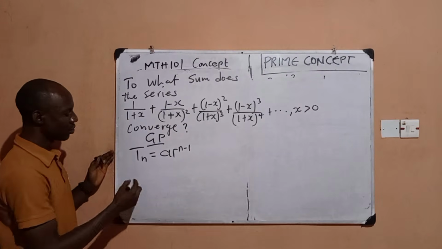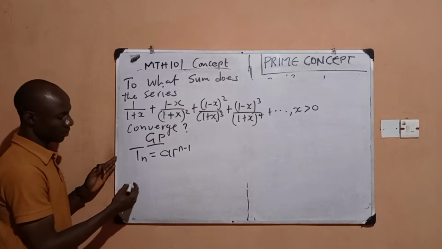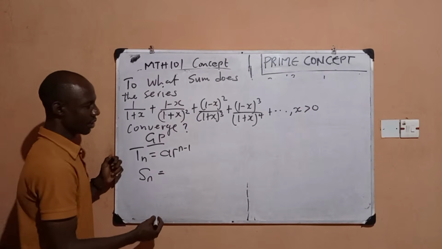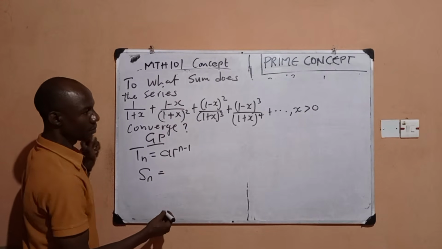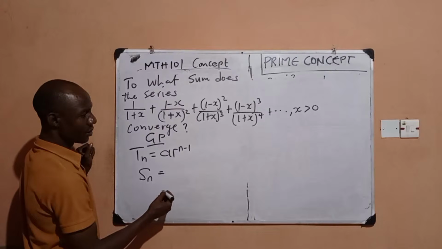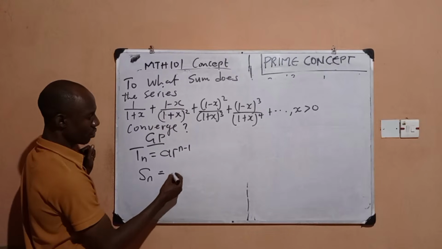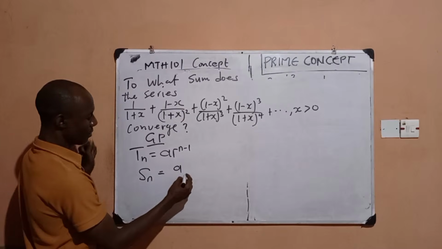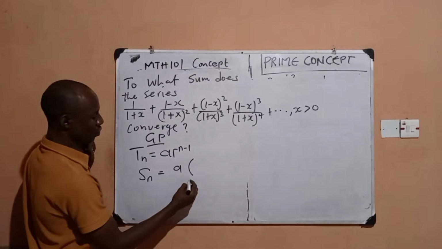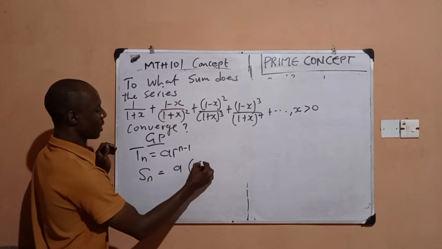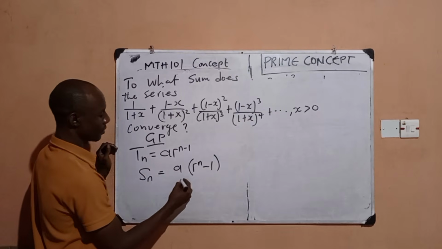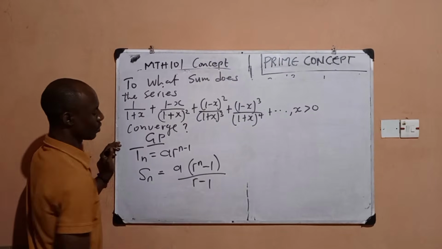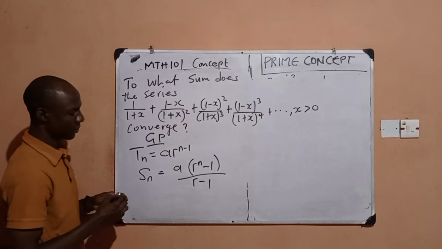Another formula you need to know is the formula for sum of n terms. The sum of n terms is actually equal to A into R raised to power n minus 1, all over R minus 1.